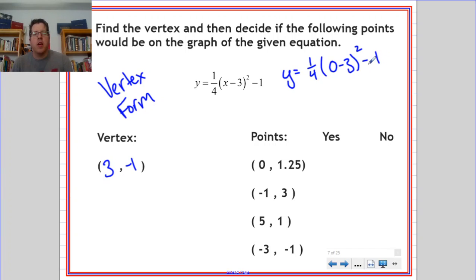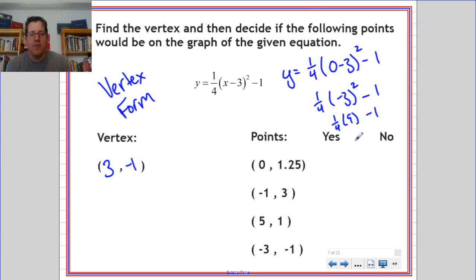I need to be very careful about observing order of operations. So, for example, I need to do the parentheses first. Then the exponent. Then I need to multiply.